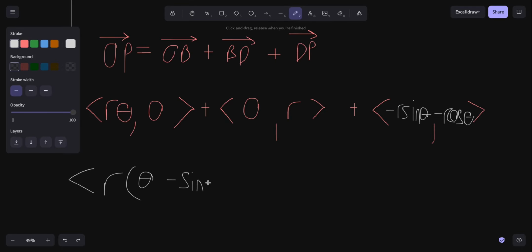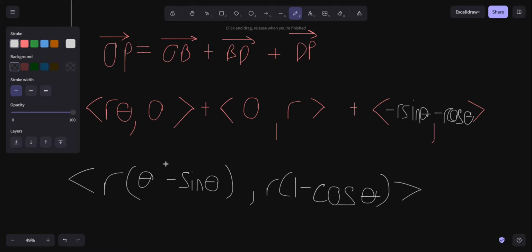That's the x component of the cycloid. And then the y component of this cycloid is going to be r minus r cosine theta. So this is going to be r and then 1 minus cosine theta. And that's the equation for the cycloid.